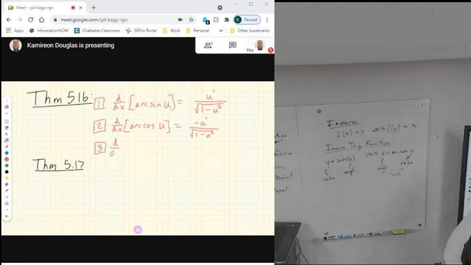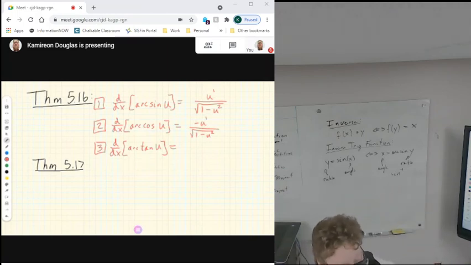The derivative with respect to x of arctangent of u is u prime over 1 plus u squared. No square roots, and it's a plus sign instead.